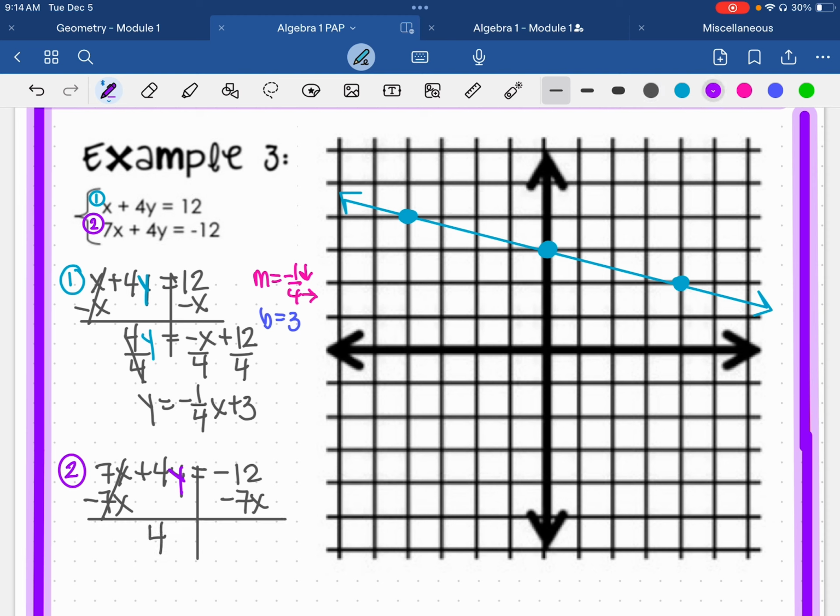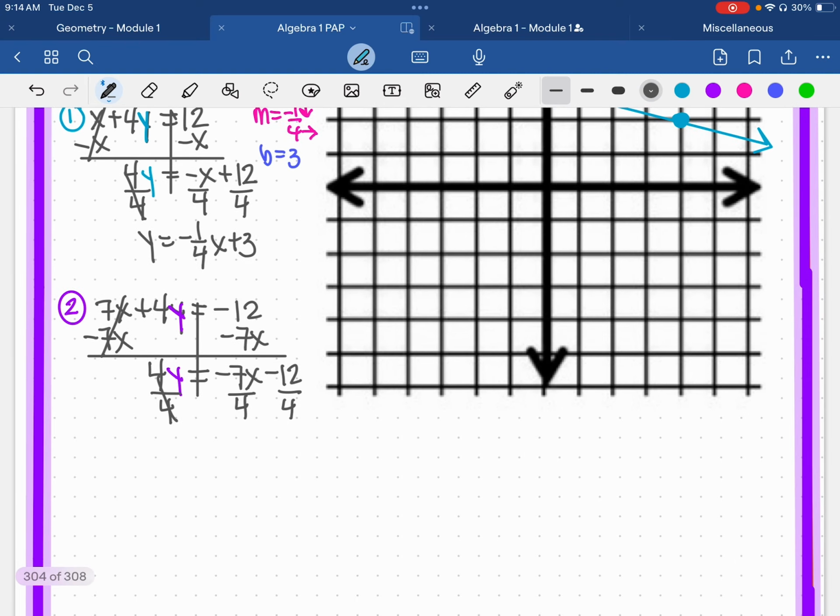You're never combining this negative 12 and this negative 7 because the negative 7 has an x. You're simply going to write the negative 7 first, and then you're going to go ahead and put the plus or minus 12. In this case, you're going to say minus 12 because it was a minus 12 to begin with.